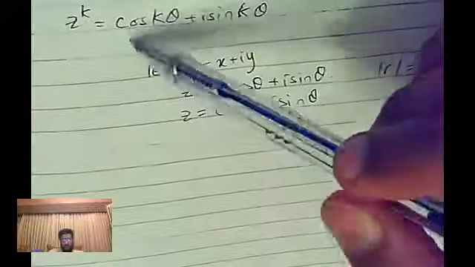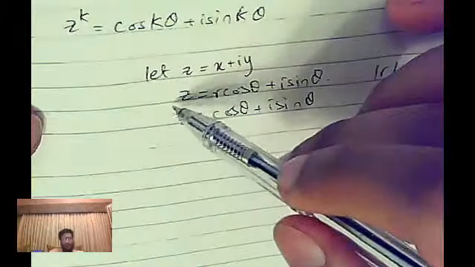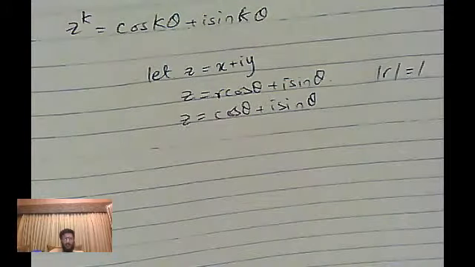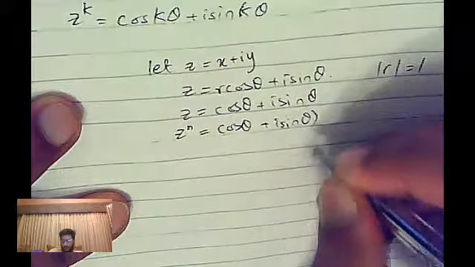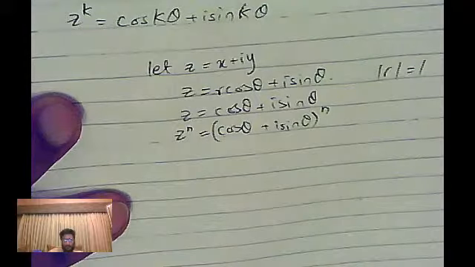So De Moivre's theorem says that if we raise z to any power n, I will raise the power by n. So this implies the power will be raised on the right hand side as well, like this.